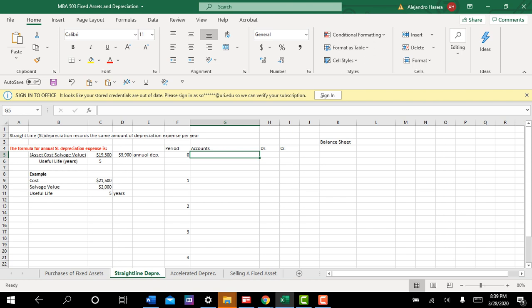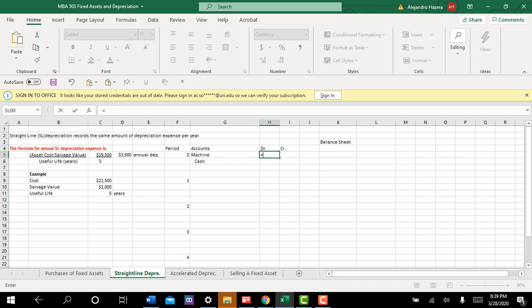Okay, so let's do the entries, and they're going to be incredibly repetitive. The first thing you have to do is buy the asset. So let's say you bought, let's call it a machine. So let's say you have an account called machine. So you're going to debit machine and credit cash. And that's going to be for the full cost of the asset.